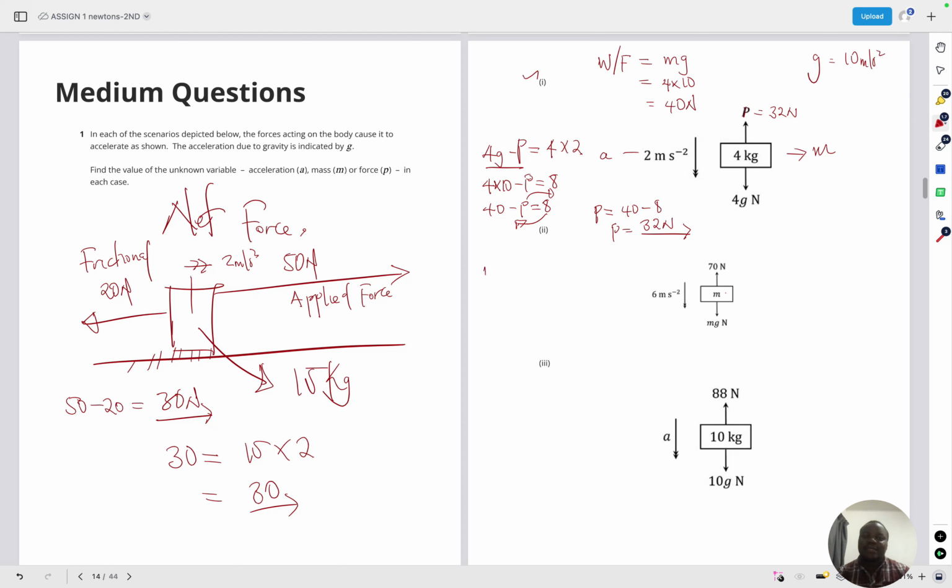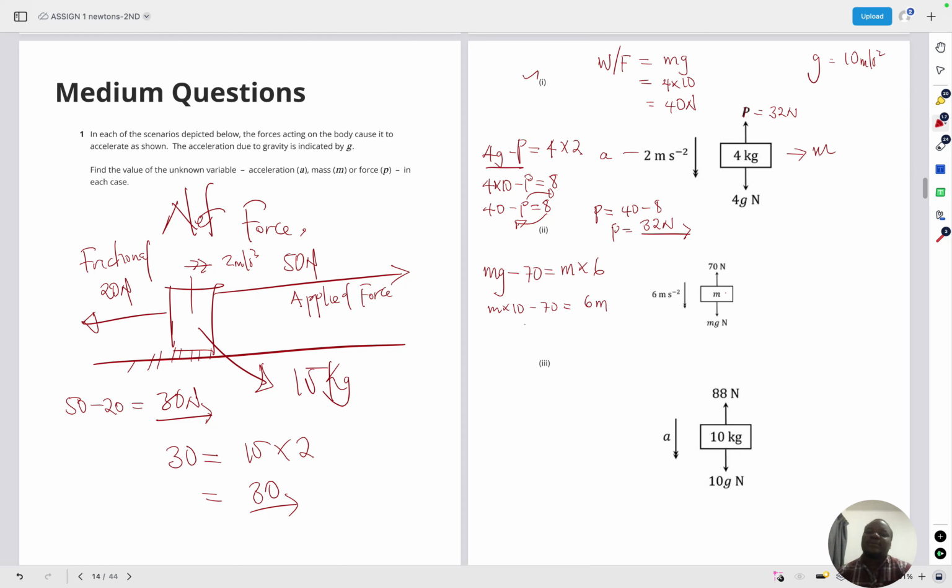So we know that mg minus 70 should be equal to the mass times the acceleration. Now, this mass we don't know, but the acceleration we've been given as 6. And g is acceleration due to gravity, so we've got m times 10 minus 70 equals 6m.